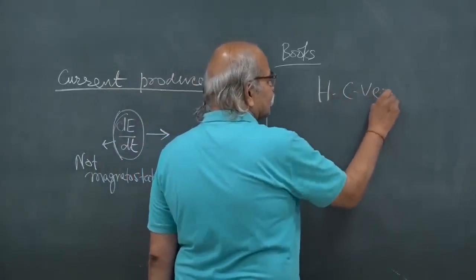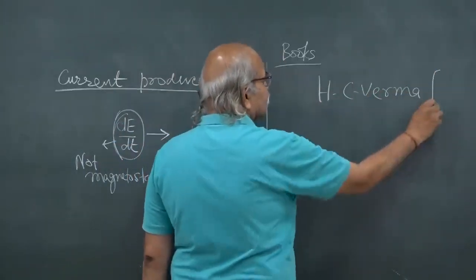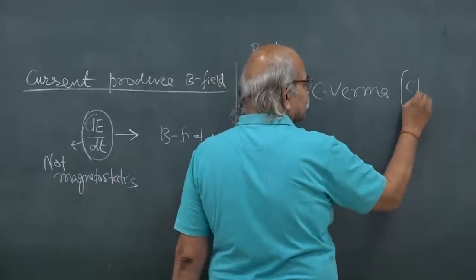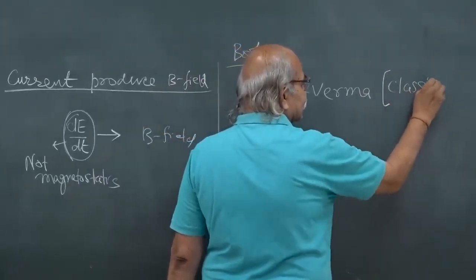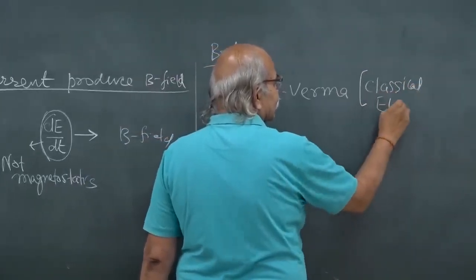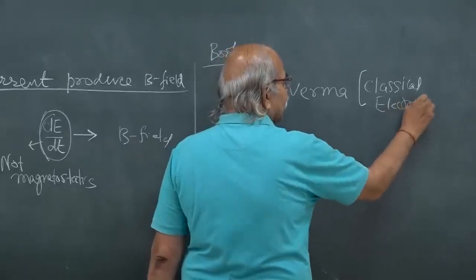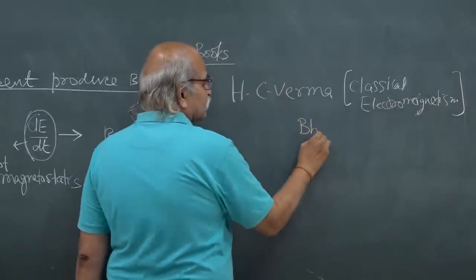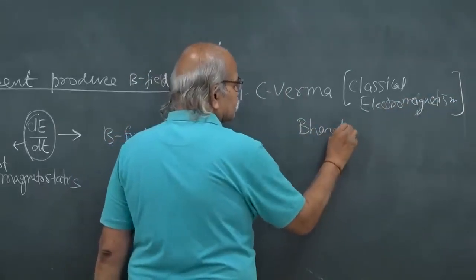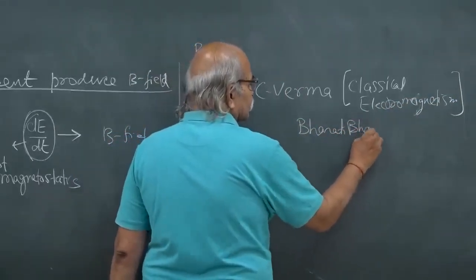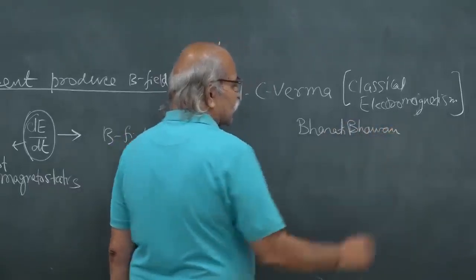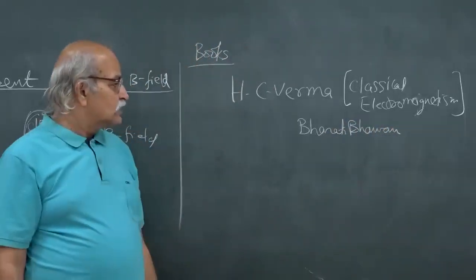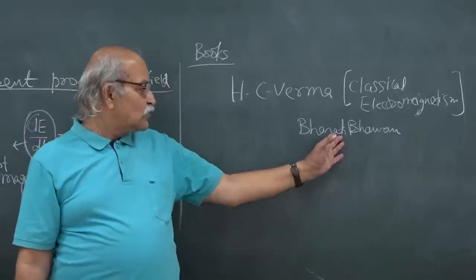So, I will only name the authors and let me name the book also in this case, Classical Electromagnetism, published by Bharati Bhavan. You can get this book from your booksellers or from the website of Bharati Bhavan.